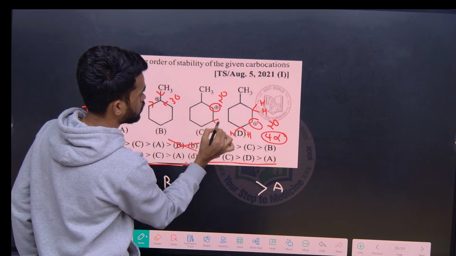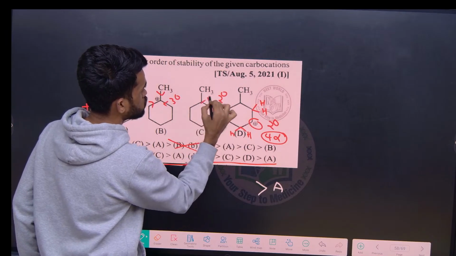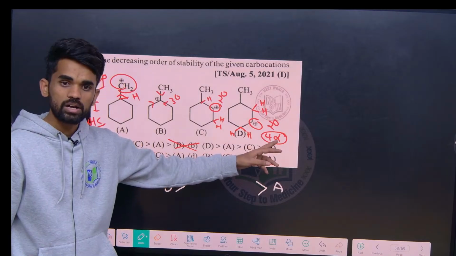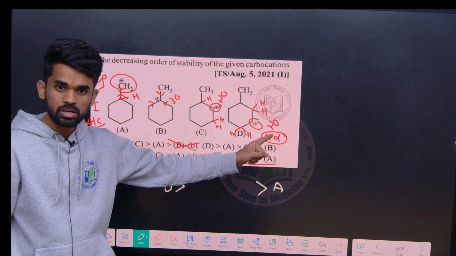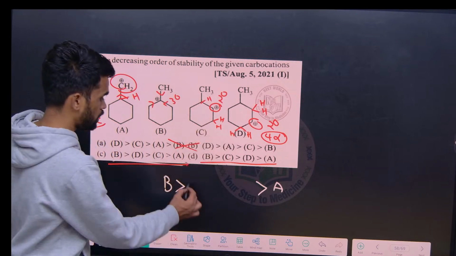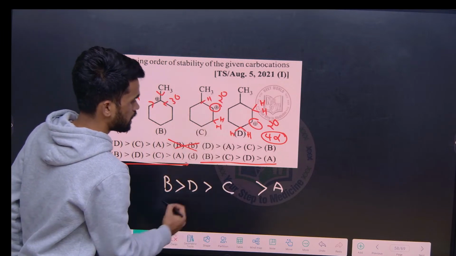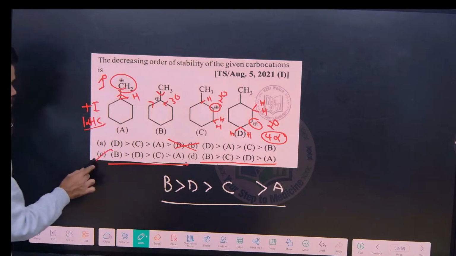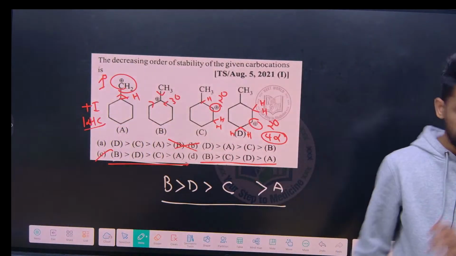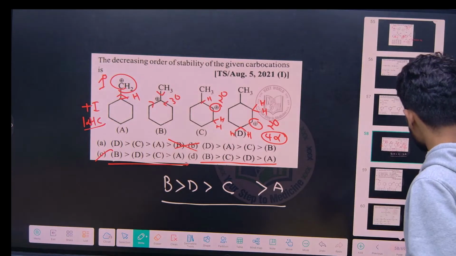Here 1, 2, 3. So where do we have more alpha hydrogens? The more the number of alpha hydrogens, the more hyperconjugation, the more stability. So D is more stable than C. So BD, CA, option C is your answer. Again easy now? Right. Let us move forward with a few more questions again.